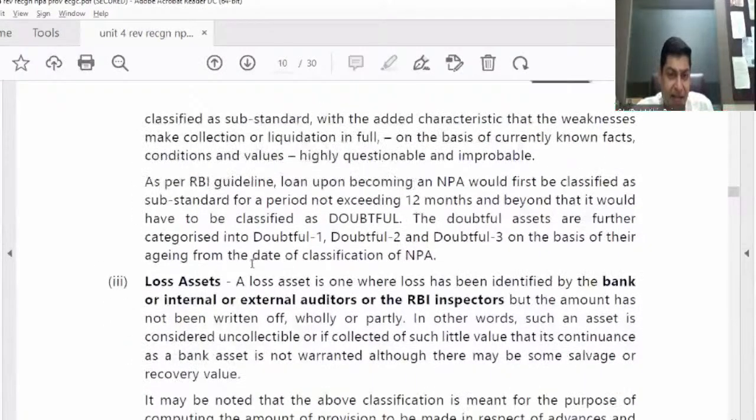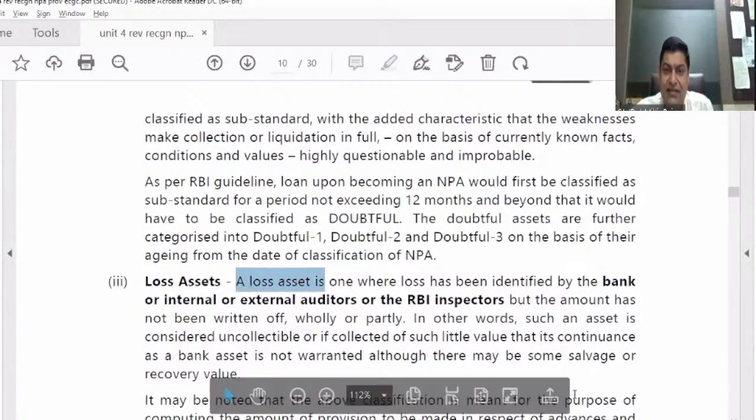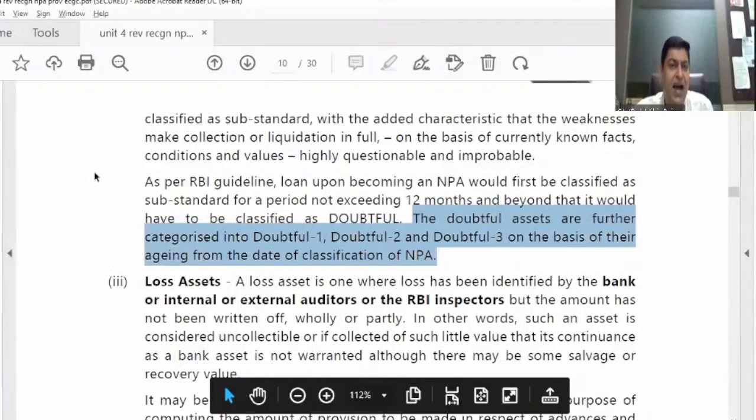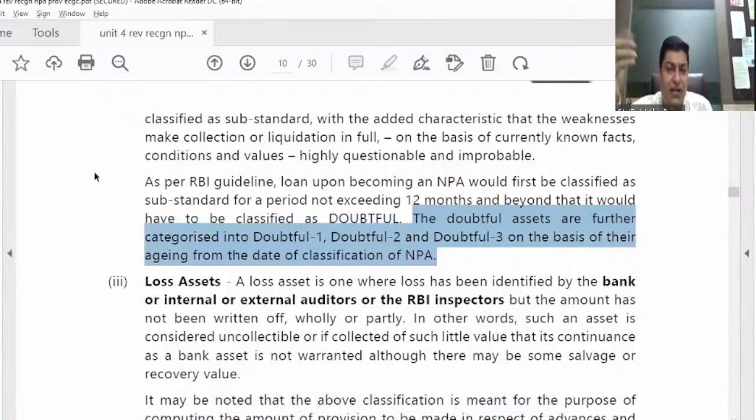And guys, when we do the provision, these doubtful assets are further classified as doubtful 1, doubtful 2 and doubtful 3, depending on the number of years since it became doubtful. And last is a loss asset.